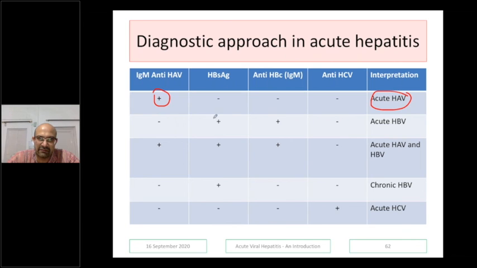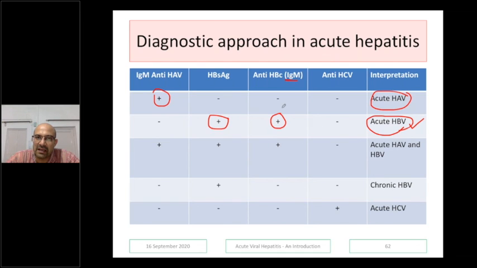If A is negative, hepatitis B surface antigen is positive, and hepatitis B core antibody of IgM type is positive, then you say the person has had an acute hepatitis B virus infection. You can start thinking of it from the reverse direction. If you remember what happened in acute hepatitis B virus infection, obviously the hepatitis B surface antigen has to be positive, and the anti-HB core antibodies have to be of the IgM type.